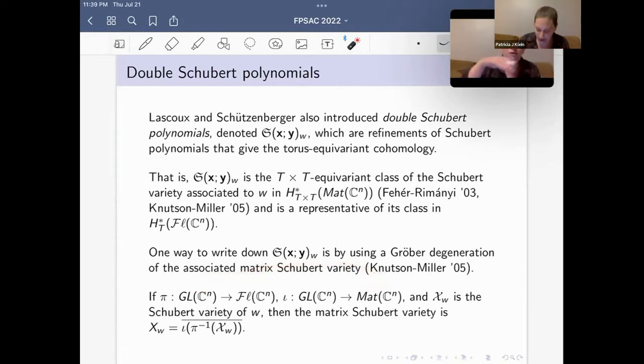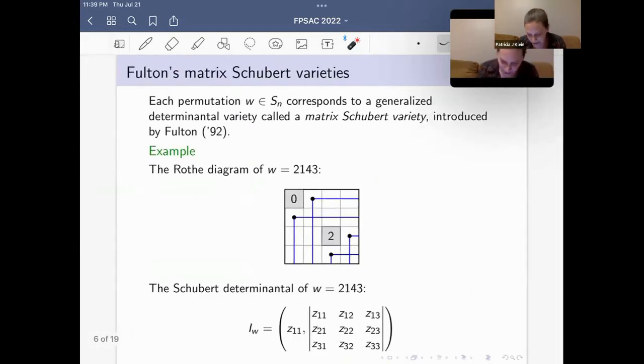So when we close up there, then we get an affine variety. And it will be studying this affine variety that will tell us a lot about how to write down these Schubert polynomials explicitly.